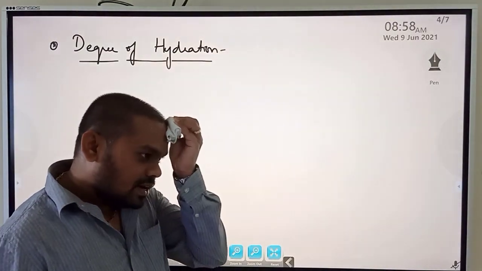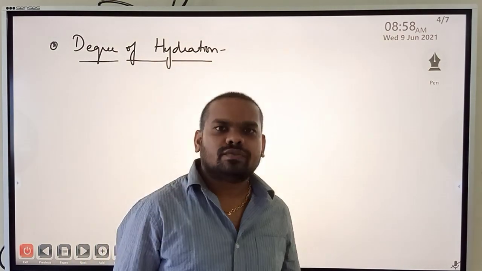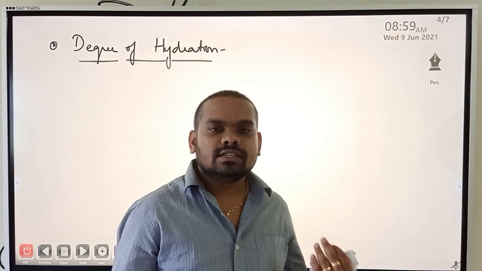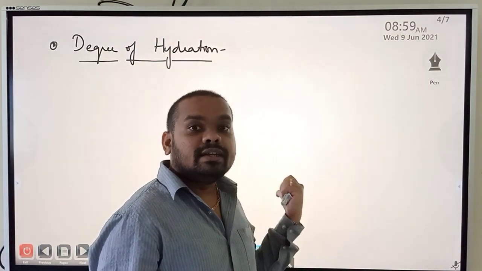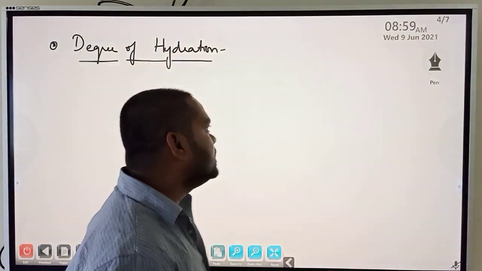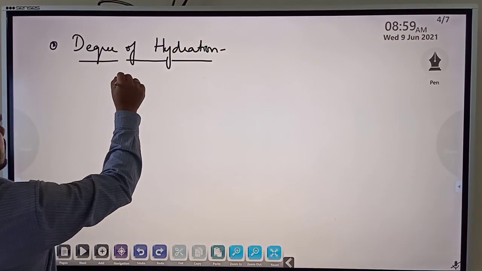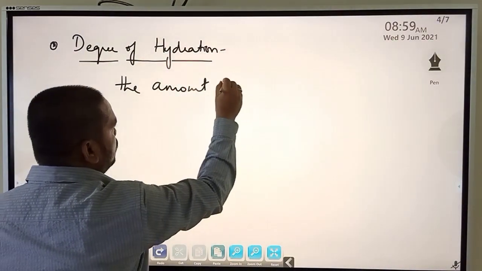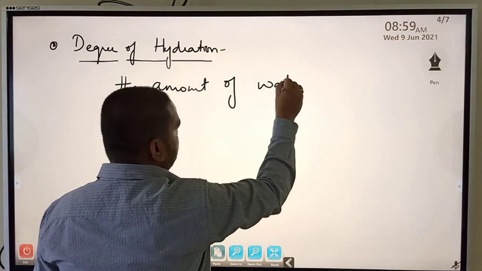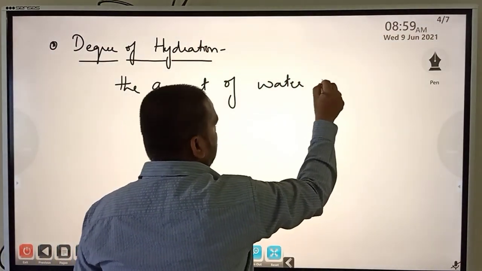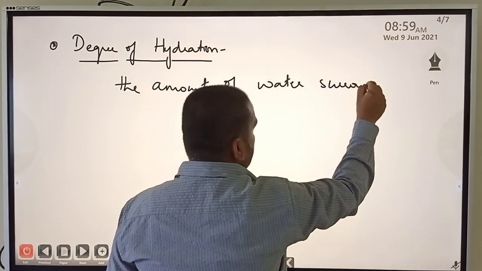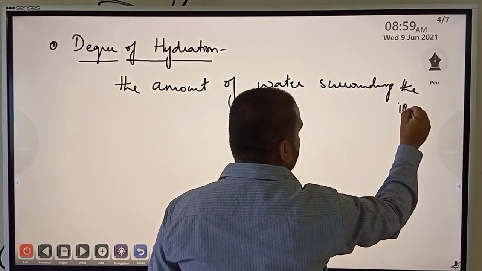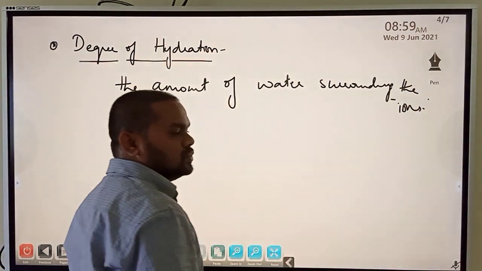Now we have understood what hydration is. The process of water molecules surrounding the ions is called hydration, and the degree of hydration is the amount of water surrounding the ions, whatever ions we have used.